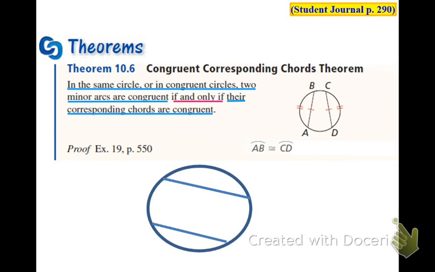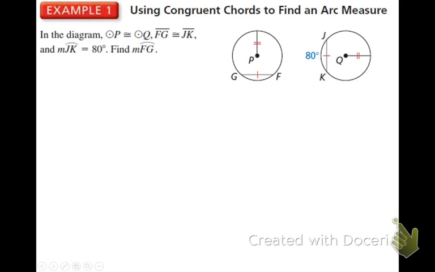All right, so using this theorem, we're going to do a problem. This is from your textbook. You don't have to go there. Just look at it and think through it with me. In the diagram, circle P is congruent to circle Q. FG, which is right here, is congruent to JK, which is right here. So their chords are congruent.